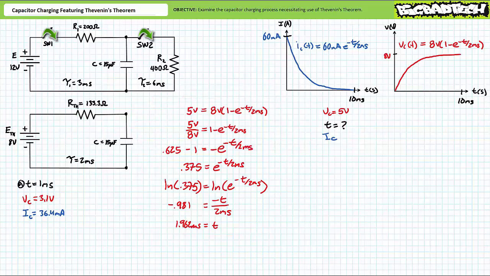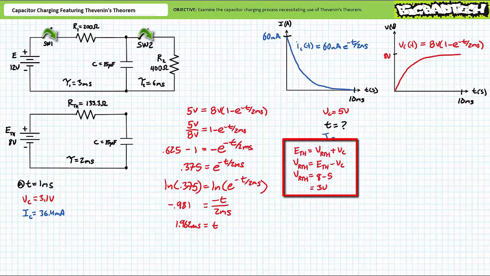We could again substitute this same time of 1.962 milliseconds into the time-varying expression for current through the capacitor as a function of time. However, we can also use much simpler, more reliable tools like series circuit properties, Kirchhoff's voltage law, and Ohm's law. Given an instantaneous 5 volt differential across the capacitor, this means 8 volts minus 5 volts, or the remaining 3 volts, must necessarily appear across the Thevenin's equivalent resistor.